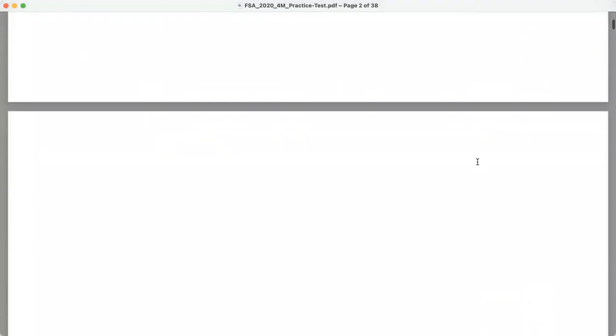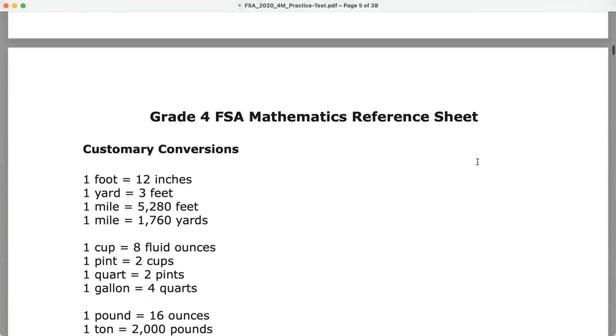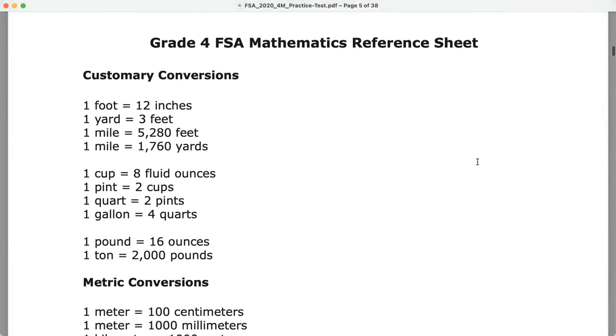So with this particular practice test, there is a formula sheet or a reference sheet. If you were doing this at home, you could print it out or take notes and write it down. I always encourage my students to make use of the reference sheet.